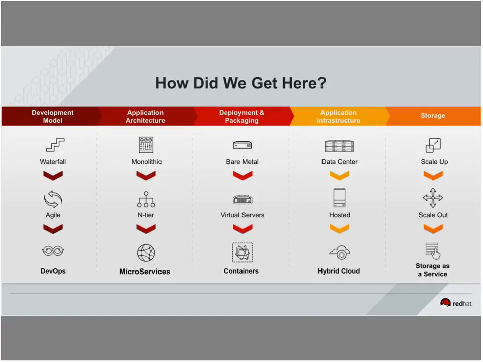And then for our applications, we started building them in-house with data centers, and over time, maybe we moved some of those to a hosting provider, some of those to a public cloud, and then we've landed up where the majority of the enterprise market is today, which is some things on-premise, some things in public cloud, maybe more than one public cloud. And lastly, the storage dimension, which is where we're going to focus today.